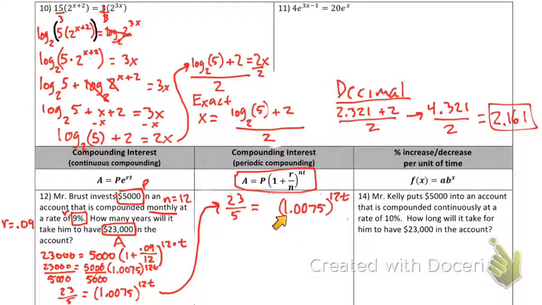Now that my base is by itself, what gets rid of bases is the exact log. We'll get rid of this base, so we are going to take log base 1.0075, and what you do to one side, do to the other.